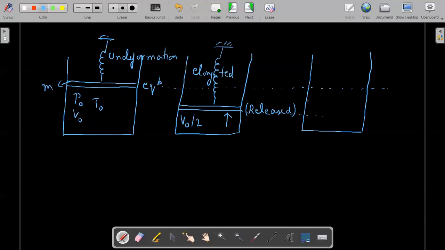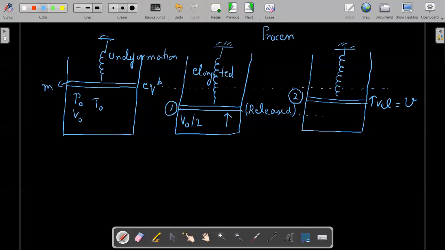In between these two levels, there will be a moment when this piston will be moving with the velocity as specified in this question, let's say V. So if the point of release is point number 1, and the point where the piston has velocity V is my point number 2, we will consider the thermodynamic process from 1 to 2.